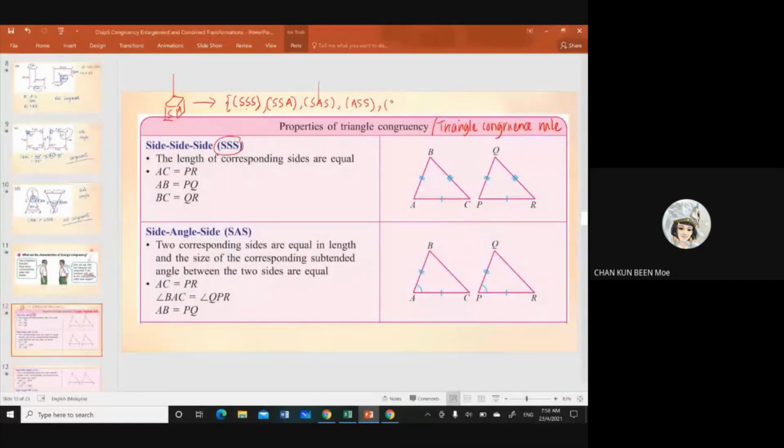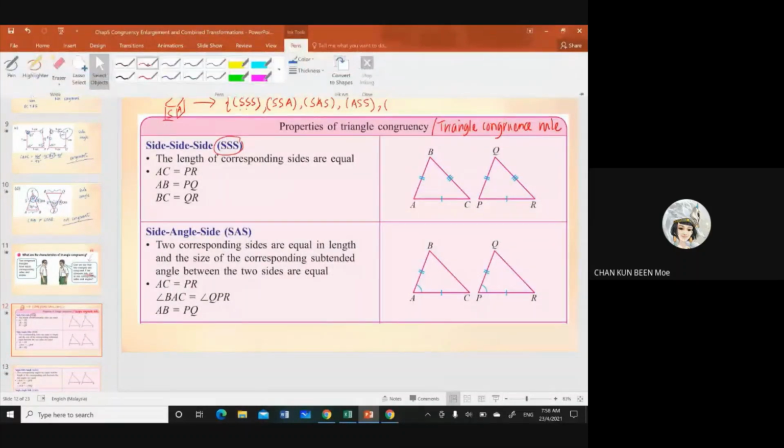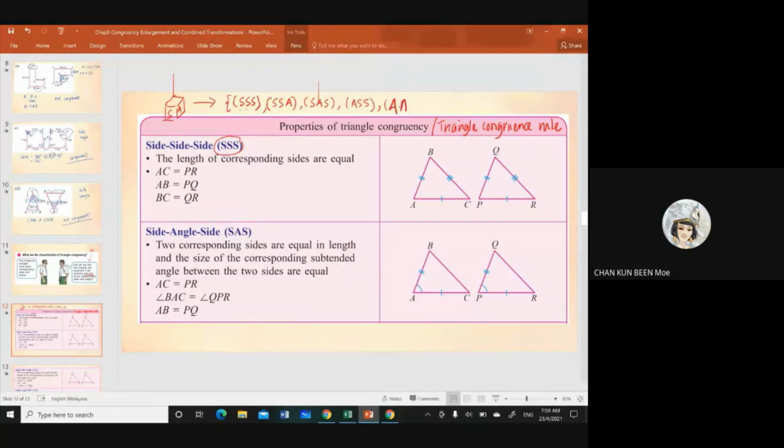Okay, so you have A, A, S. What else? We will have more actually. You see we have the first one, S, S, A. Correct? How many A? 3. Yes, correct. Any more?